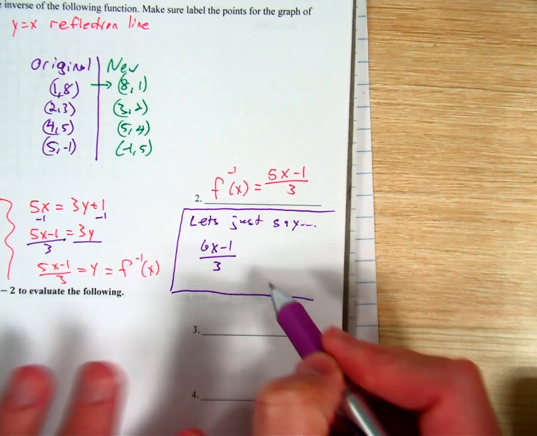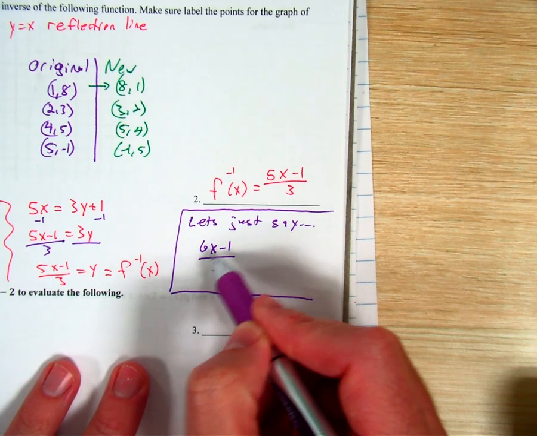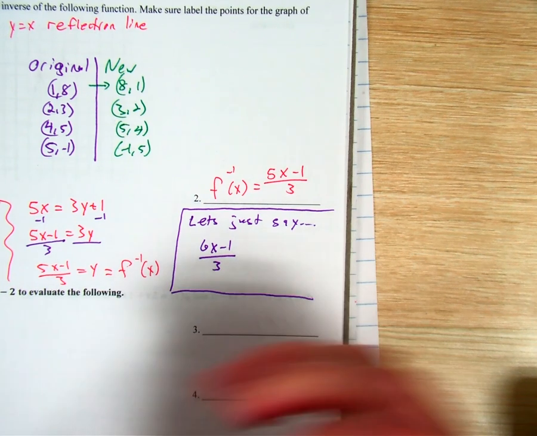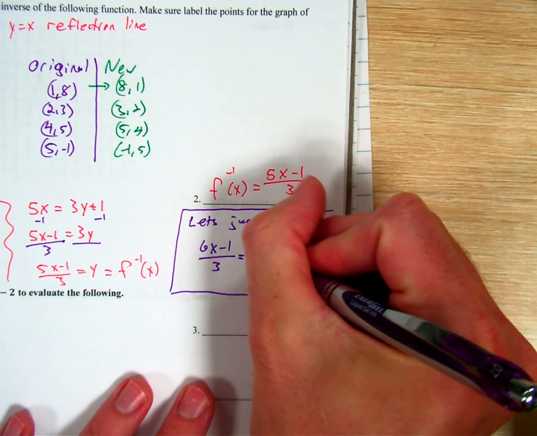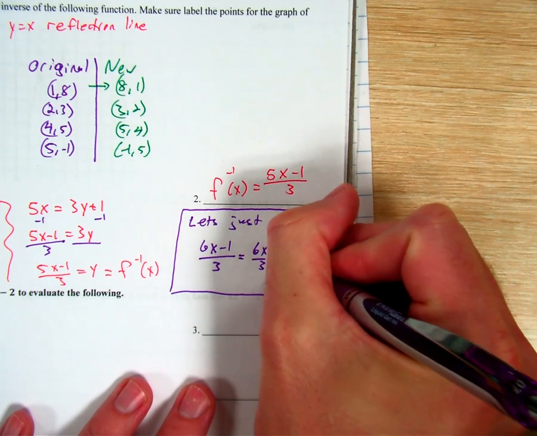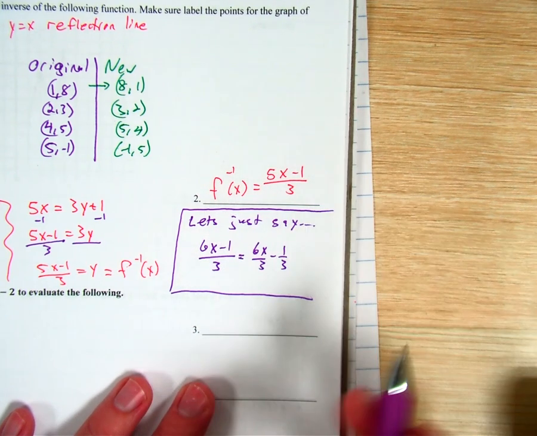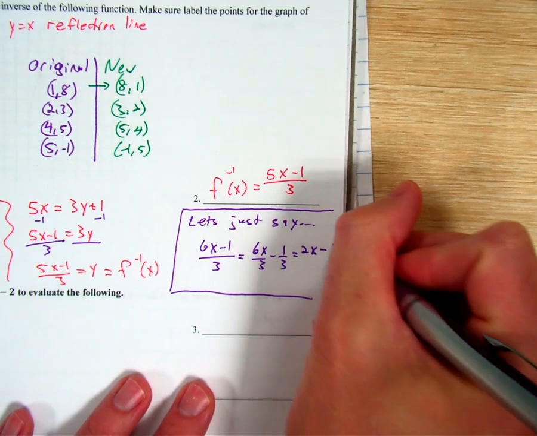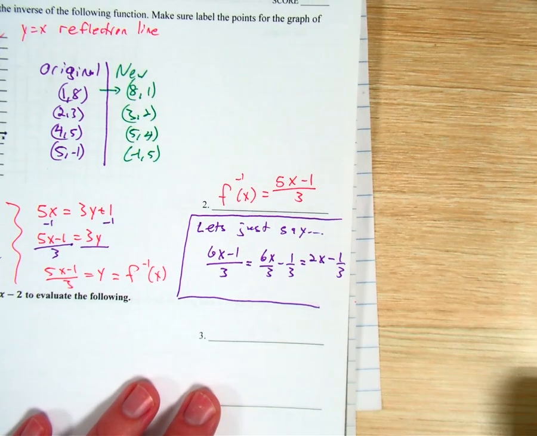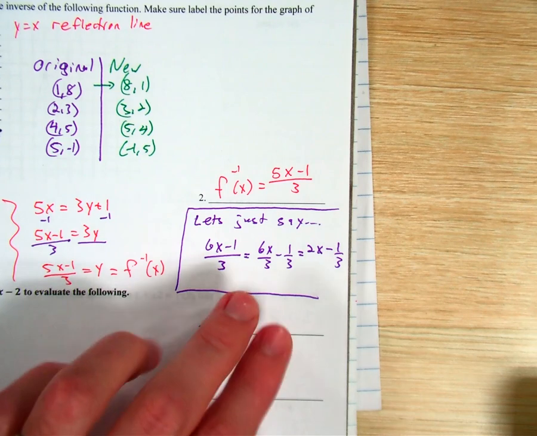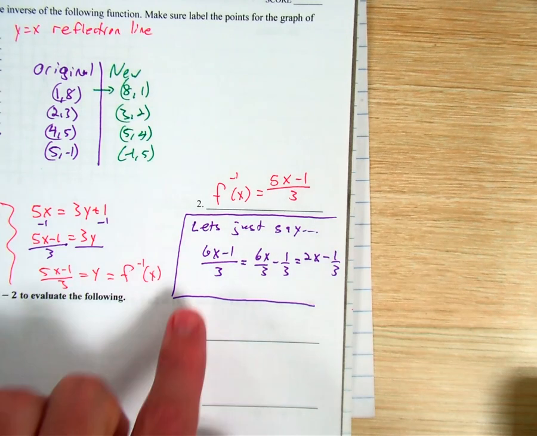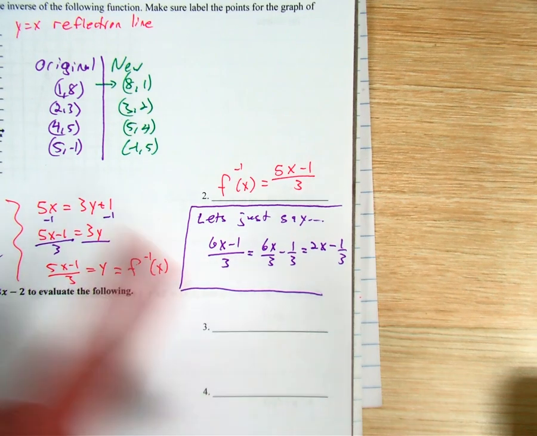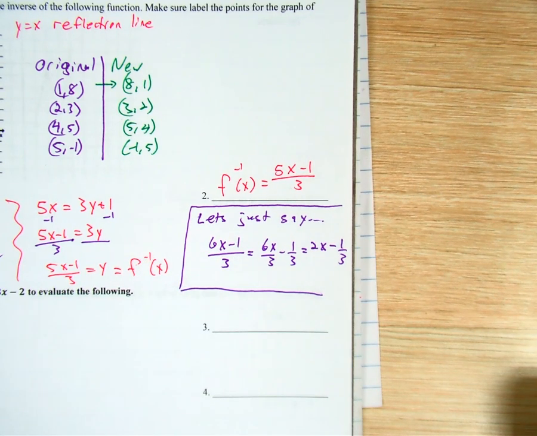You can't just reduce one of them and then leave it as one big fraction. We can reduce this, but to do that, you got to split them apart. 6x over 3 minus 1 over 3, and now we have 2x minus 1/3. That has nothing to do with this actual answer, but if something like that did happen, where you could reduce one of the two pieces, then you need to split them apart.